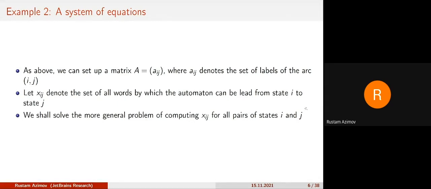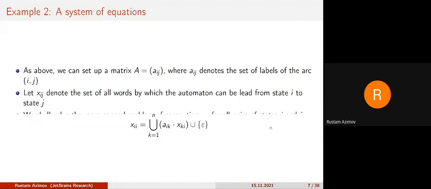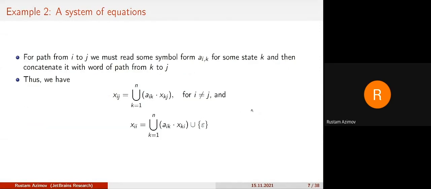We just consider all states as initial and all states as final states. And here we can build the following system of equations.